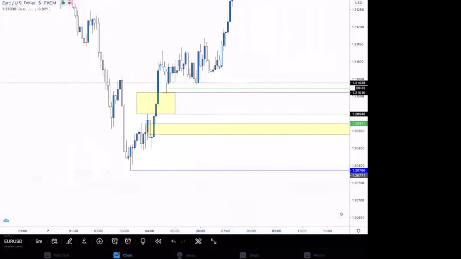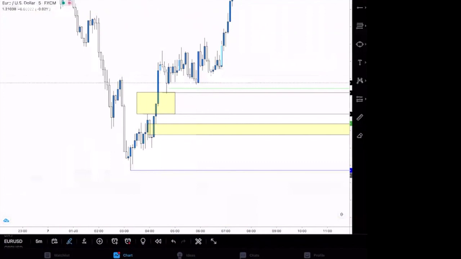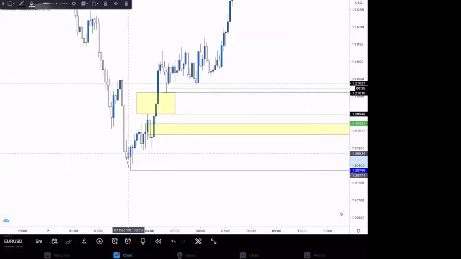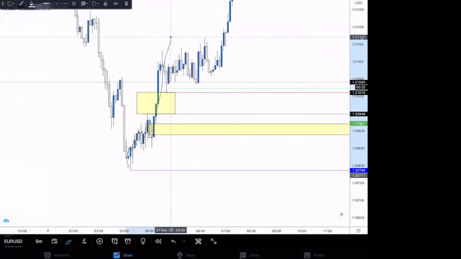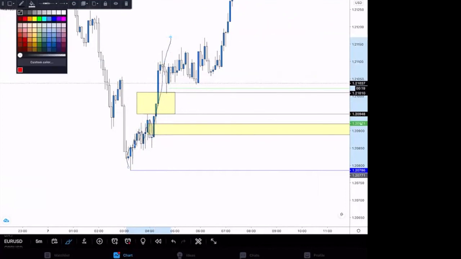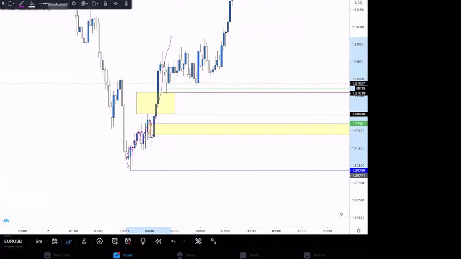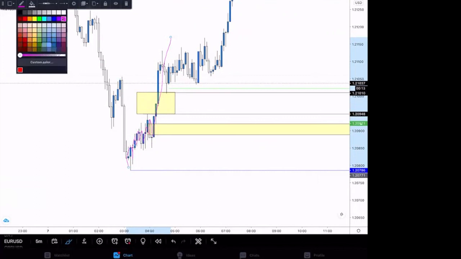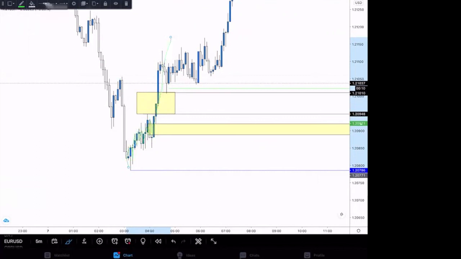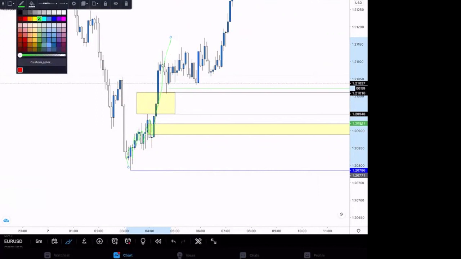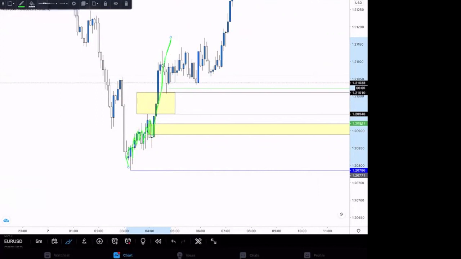Think of healthy price action. When you think about healthy price action, everything kind of trades inside each other. But then you have this one. Let me make it a different color. Can you see that? Let me make it thicker. How about that? So price is trading inside each other.